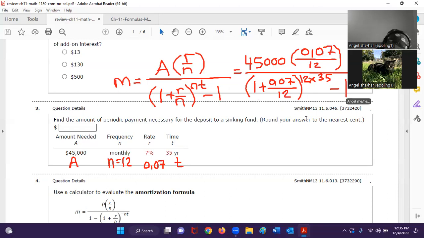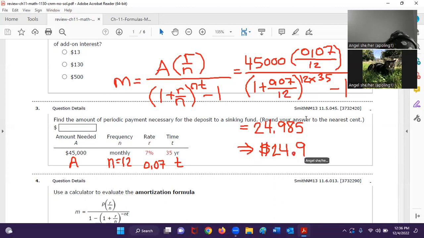And you get 24985. So rounded to the nearest dollar and cent, we have $24.99 being the periodic payment necessary to deposit in this sinking fund in order to have $45,000 in 35 years.